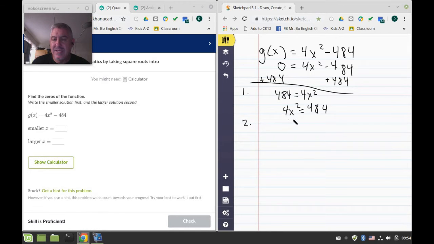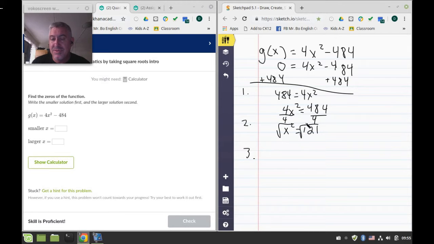Step 2, next step, I want to divide by 4, and that's x squared is equal to 121. Then step number 3, we're going to take the square root of both sides.